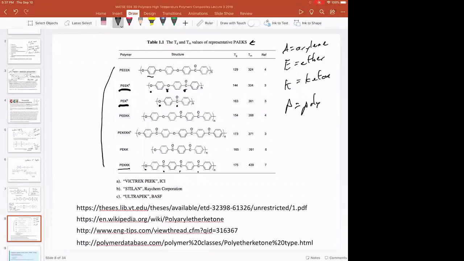There's a whole variety of these materials, and it turns out there's about 50 or 60 different types of ketones and sulfones and other things like that. And so you could go look into the literature from various polymer databases and look up all the different materials that are possible. There's even a company in State College, Pennsylvania, right next to the UP campus, that specializes in these types of materials.